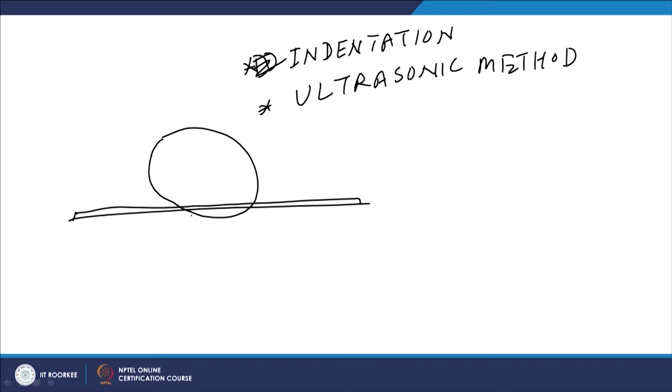In this case we use a ball of large diameter, 25 to 30 mm, to develop this indentation, and then the dimensional measurements of the indentations are used for calculating the thickness of the layer which is applied.